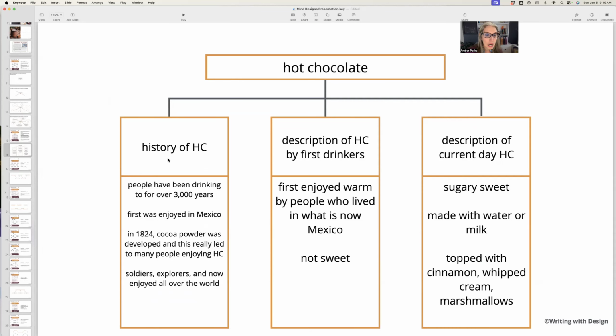What's really neat is I now have 3 different topics that I could turn into paragraphs or even a couple sentences to write an informational summary of this information. So the classifying design helps us get these main ideas and the details that follow underneath. It's one of my favorites.